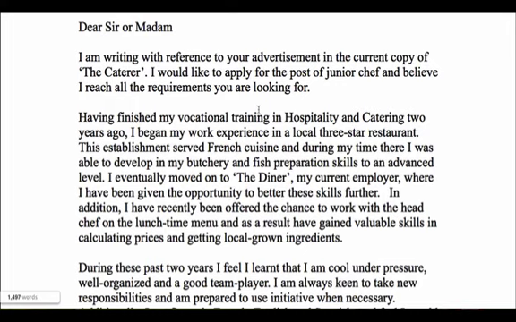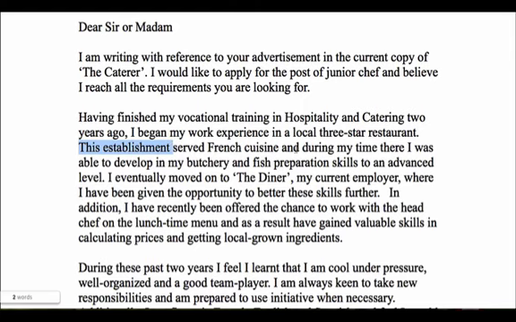Now, what about organisation within and between paragraphs? Well, if we look at the second paragraph, we can see the following, where it says, I began my work experience in a local 3-star restaurant. The writer uses substitution to refer back to this restaurant with the words, this establishment.